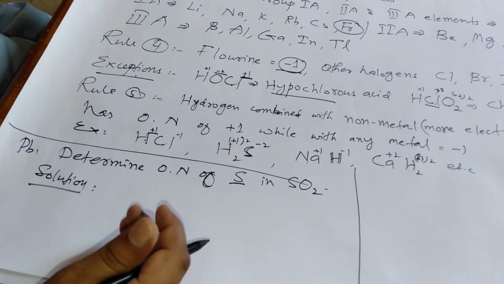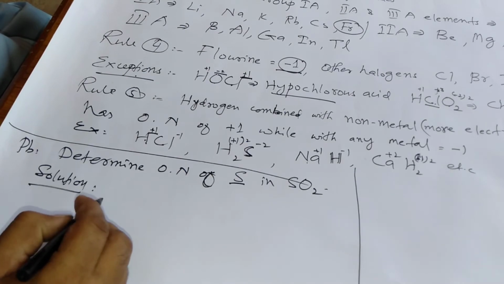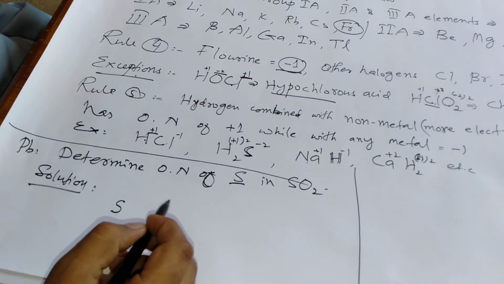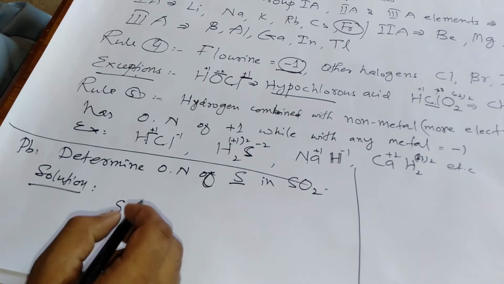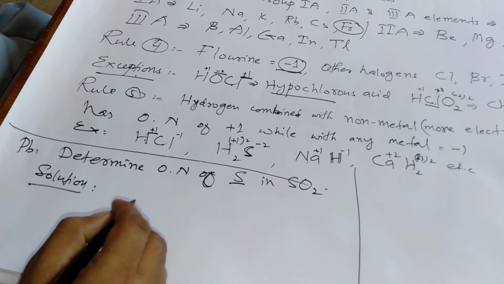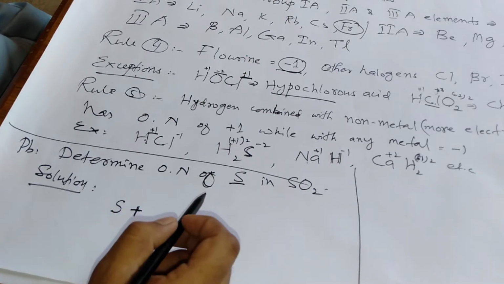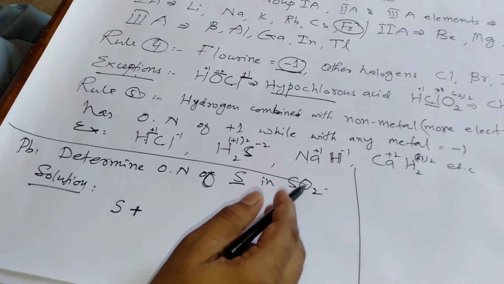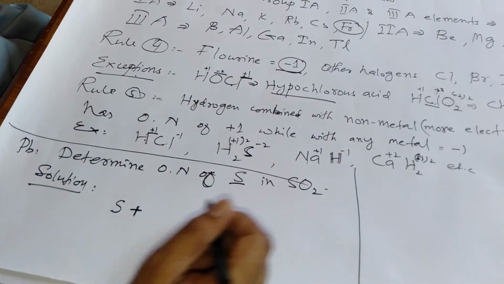First of all, the atom whose oxidation number you are going to determine, you will place it first. We are placing sulfur here because we are going to determine the oxidation number of sulfur. Then we will place the plus symbol. Then we will write the total number of atoms of oxygen.